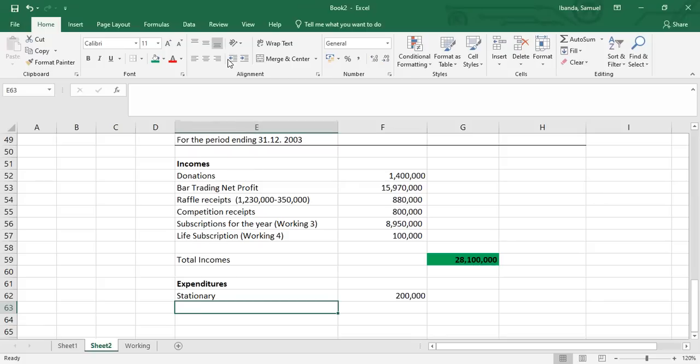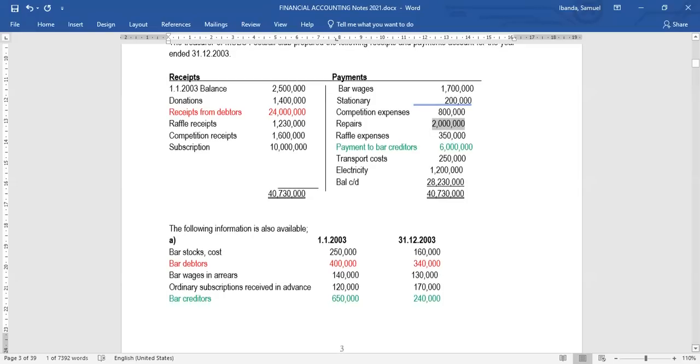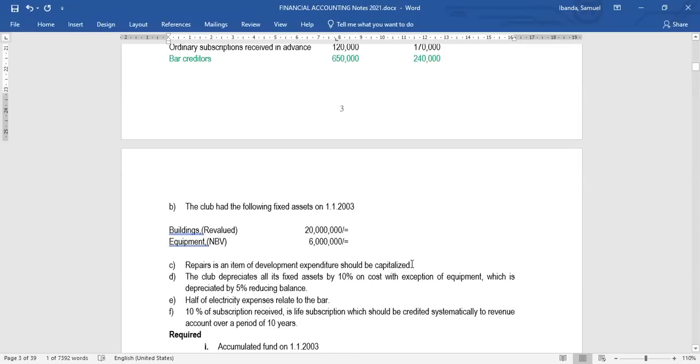I'll come here. Competition expenses, I already used this when I was trying to get the net money from competition, so I will not pick that. I have repairs, 2 million. But there was a comment on repairs here, which said that repairs is an item of development expenditure which should be capitalized.